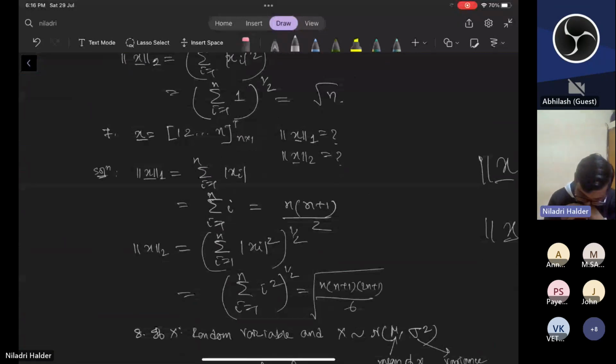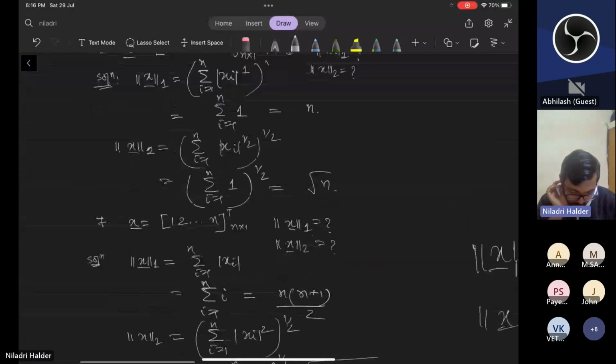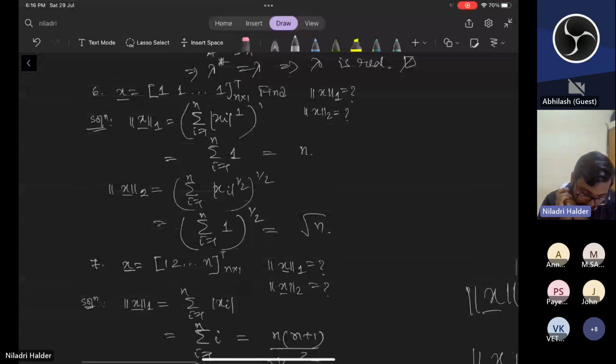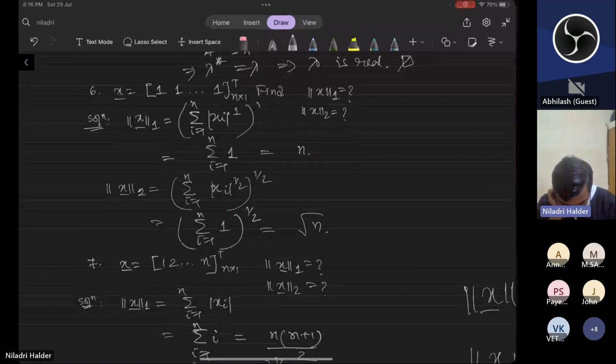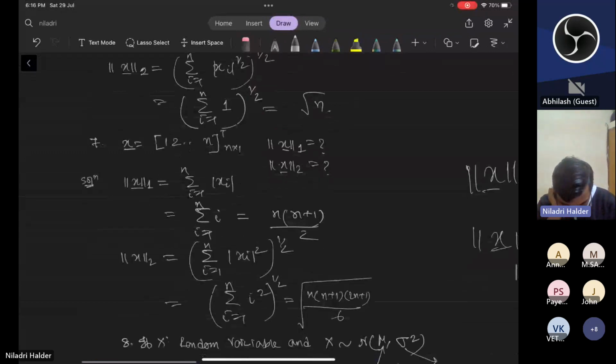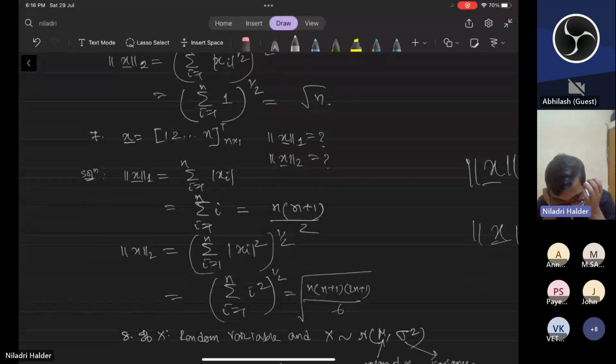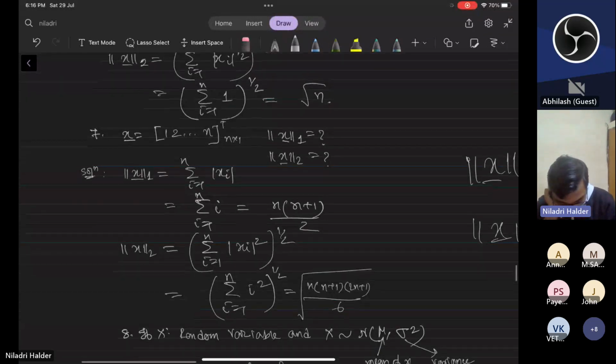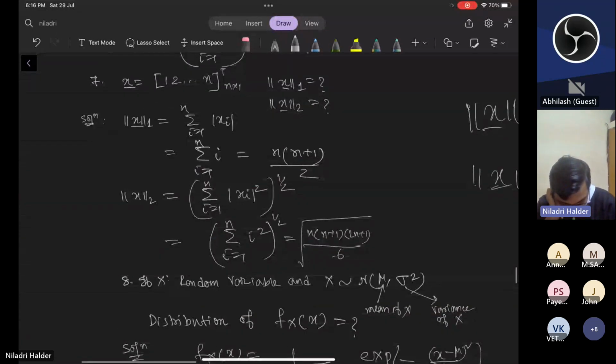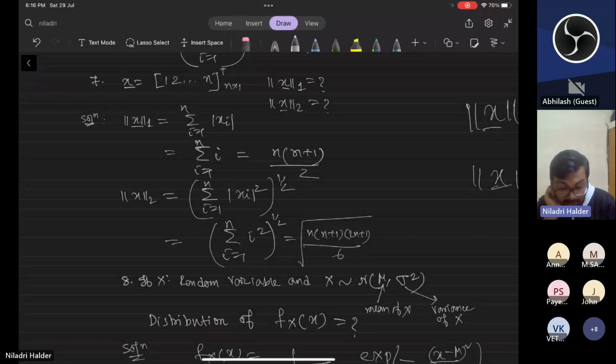Okay. Then I took one vector, an n cross one vector. Then I found the L1 and L2 norm of X. In the seventh, I took a vector from one to n, and asked what the L1 and L2 norm of X should be. Can you tell me what the infinite norm of X should be for question number 7? Here n is 1, 2, 3, and so on, so it is increasing. So what should be the infinite norm of X?